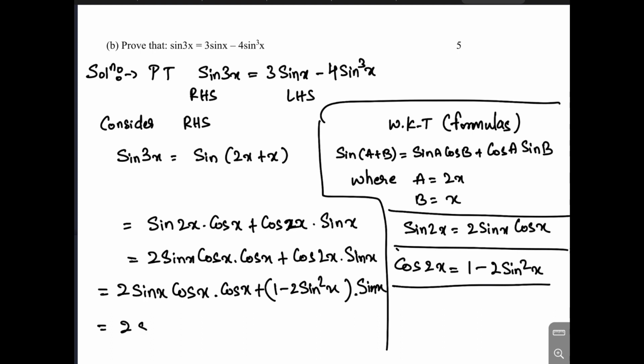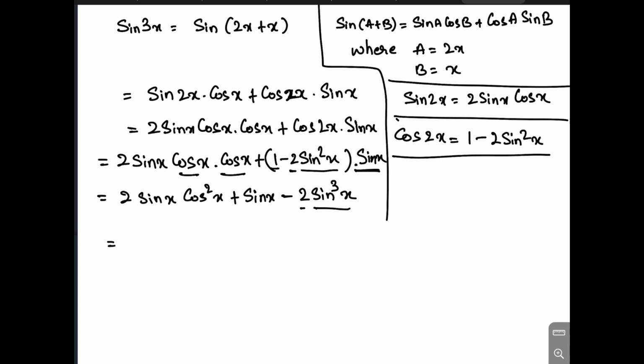So here 2 sin x cos square x plus sin x minus 2 sin cube x, since sin x into sin square x gives sin cube x. This 2 remains as it is.